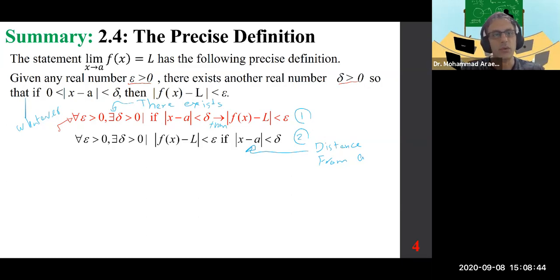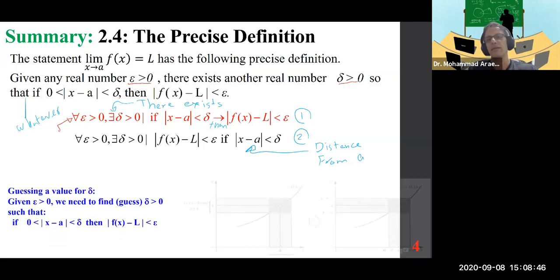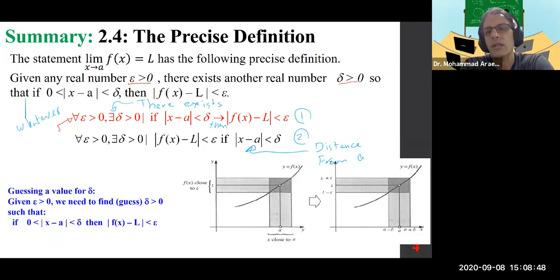Actually, let me see if I want to go over the graph first. Take a look at this concept then. Distance from a. Look at this a, everybody. So this is a. Now distance from a, that means go on both sides. That means come from the left of a, from the right of a.